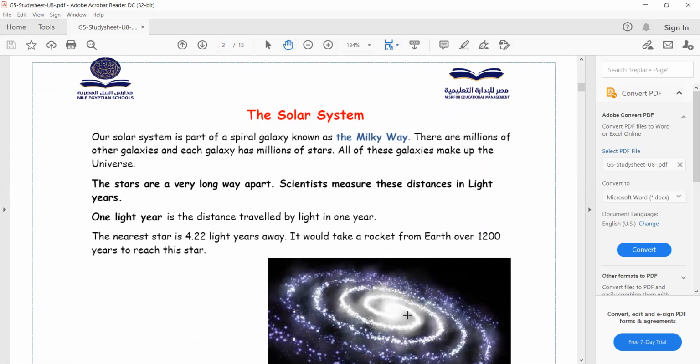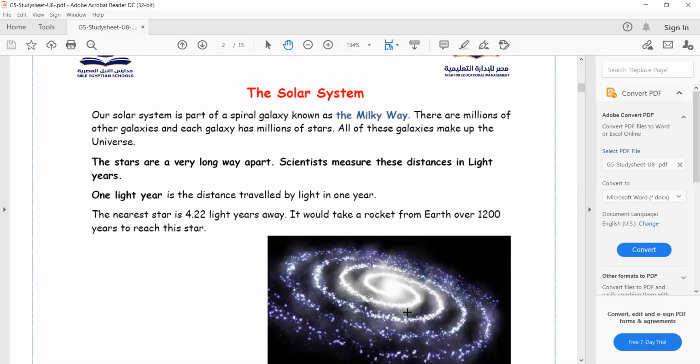So, the galaxy that we belong to is called the Milky Way galaxy. This galaxy contains millions of stars.